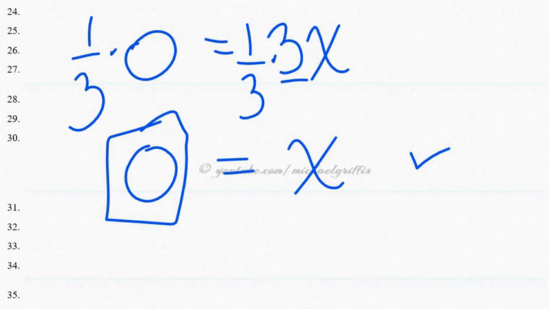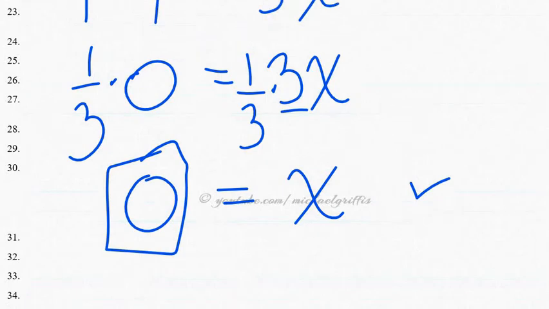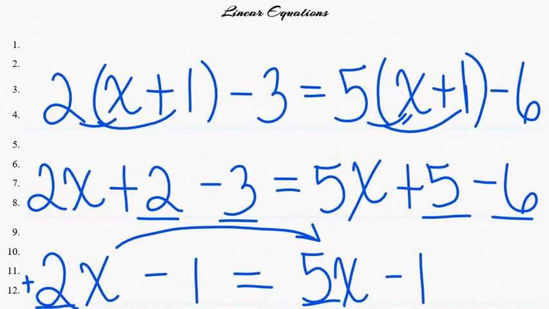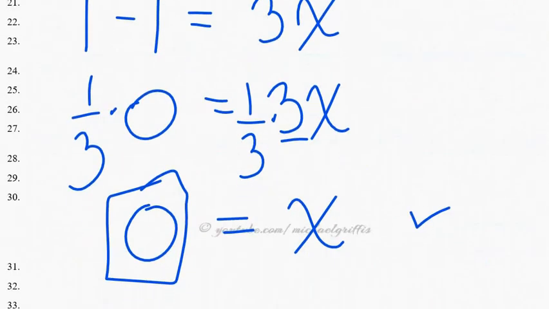Okay, we should always check to see if 0 is our solution. So we would plug 0 back into the original up here, and the left-hand side should equal the right-hand side. Let's just do that.